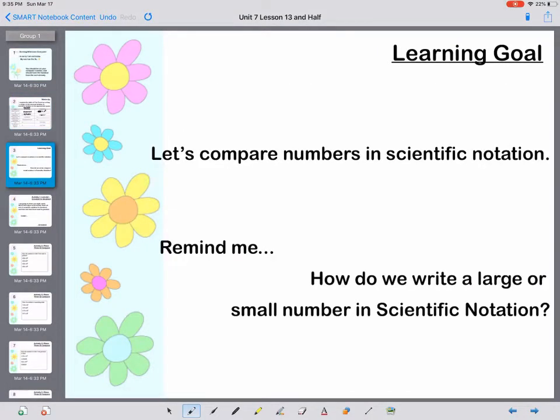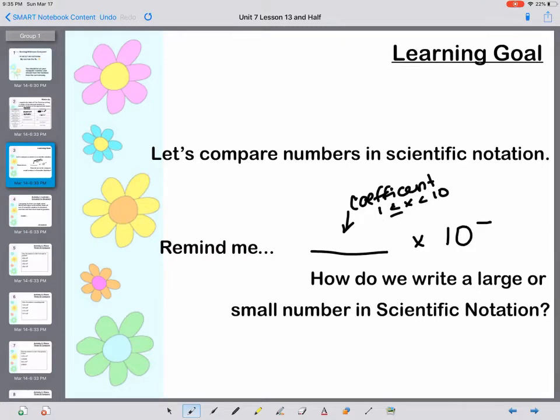Alright, so how do we write a large or a small number in scientific notation? We kind of just went through that. Remember that you have a first number times 10 to some power. This is called our coefficient, and that coefficient has to be between 1 and 10.